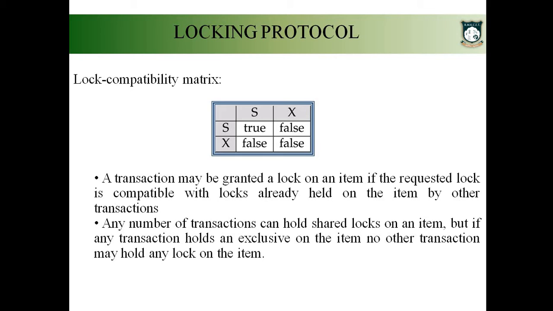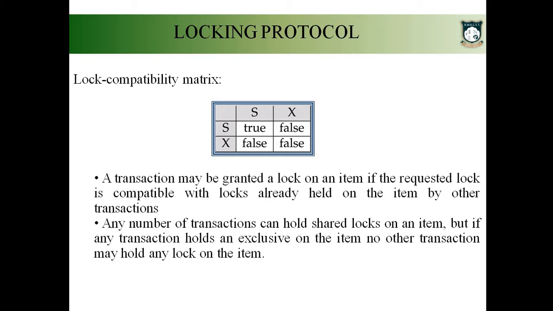The compatibility concept can be clearly understood with the help of this compatibility matrix. You can see that shared mode and shared mode are compatible, whereas all the other combinations, shared and exclusive, or exclusive and exclusive, are not compatible. Whenever the requested mode is not compatible with the already locked mode, the lock will not be granted.